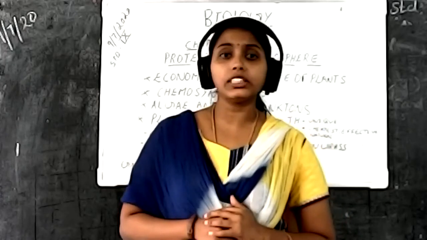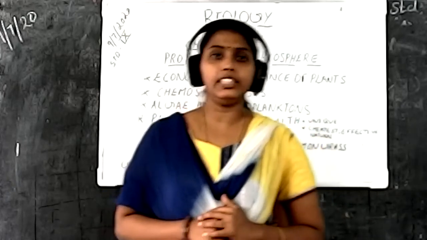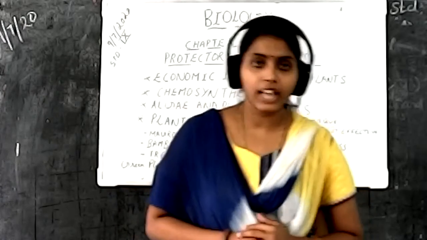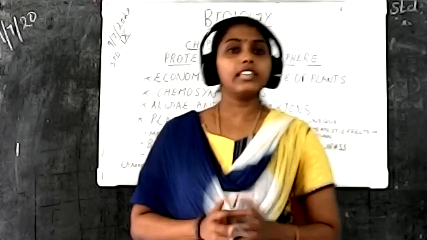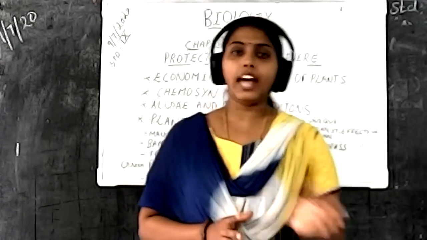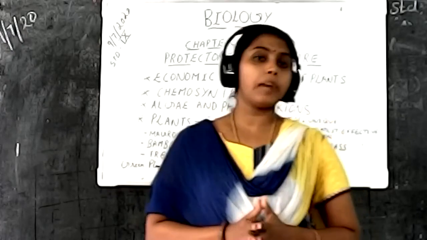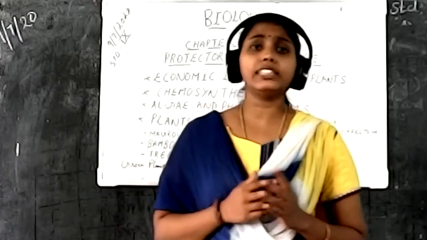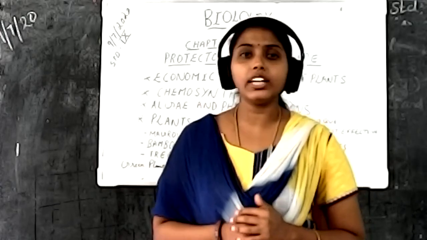So what is chemosynthesis? The breakdown of chemicals for releasing energy is called chemosynthesis. Sulfur bacteria is present on land and also in the ocean, and it uses this energy for various life activities.